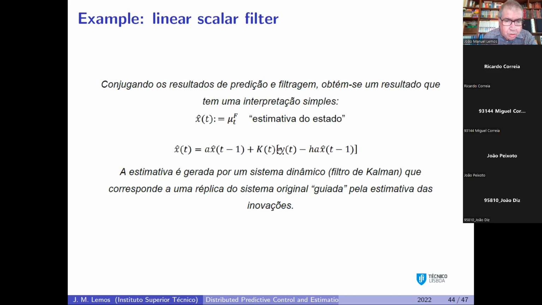And from those previous observations you can get this, which is nothing more than, you will recognize, the Kalman filter. So a replica of the dynamics, plus a gain times the difference between what you observe for y_t and what you would be expecting y_t to be.